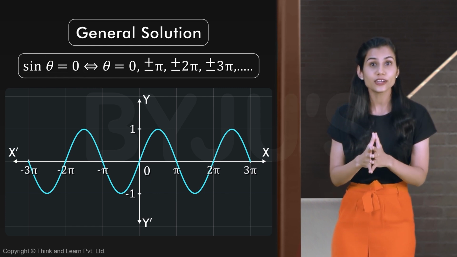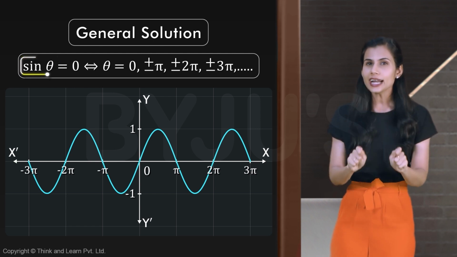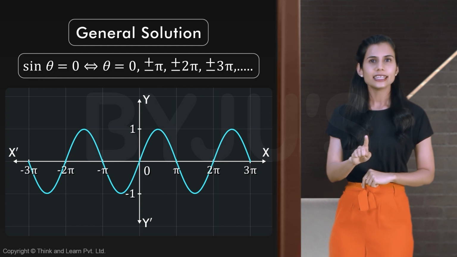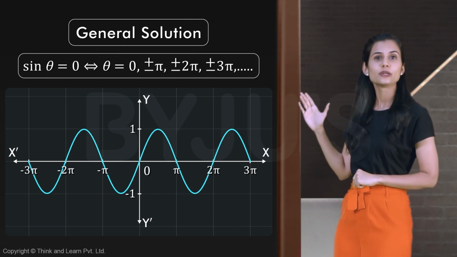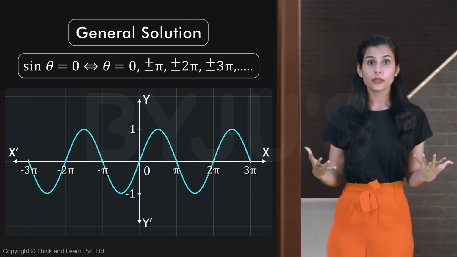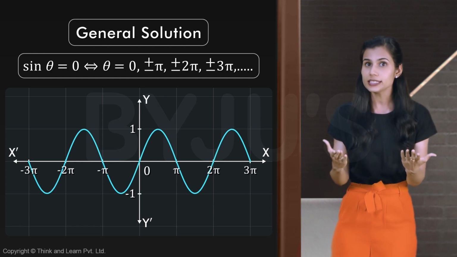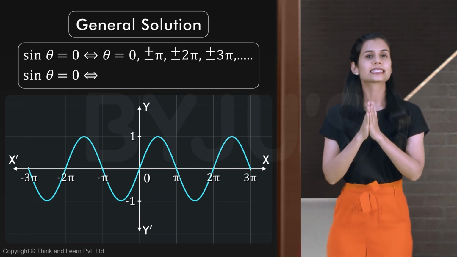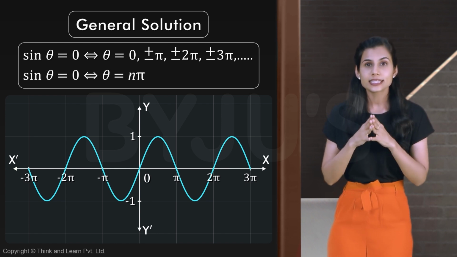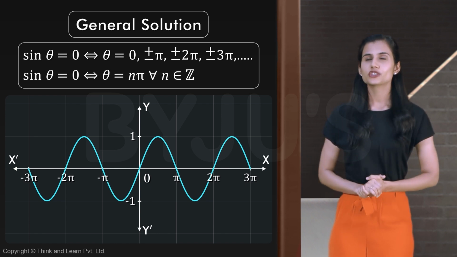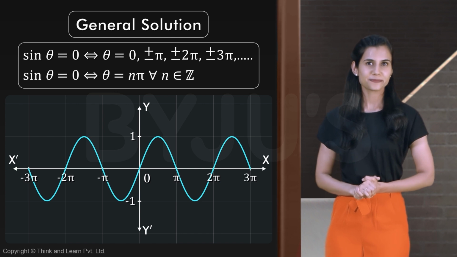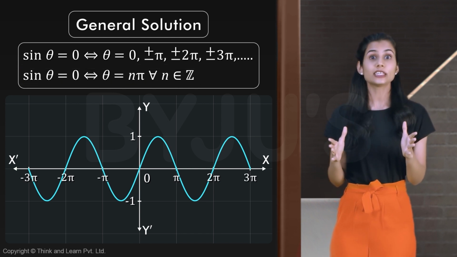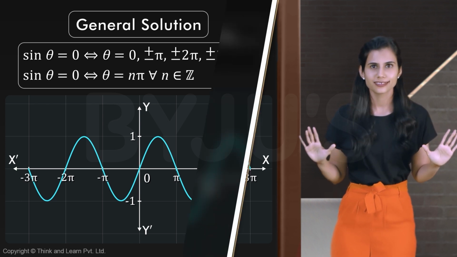Sine theta equals 0, which means sine of an angle is 0 if and only if that angle is an integral multiple of pi. In other words, and you can take a note of this, the general solution of sine theta equals 0 is given by theta equals n pi, where n belongs to the set of all integers. With this, the first standard equation sine theta equals 0 is sorted.